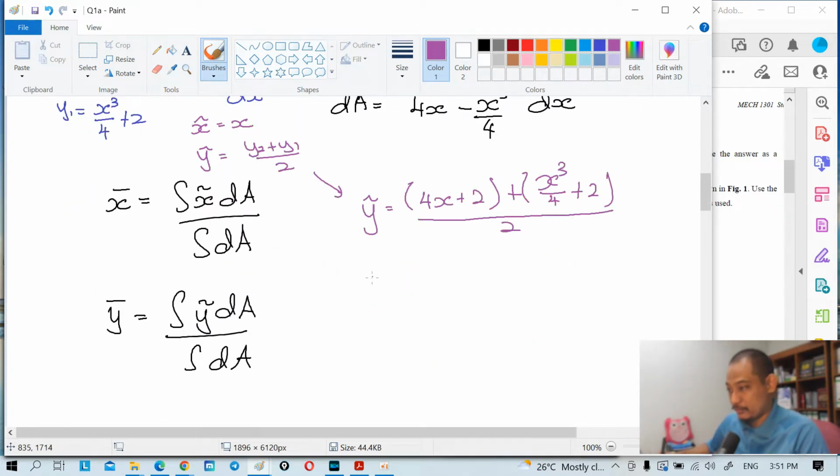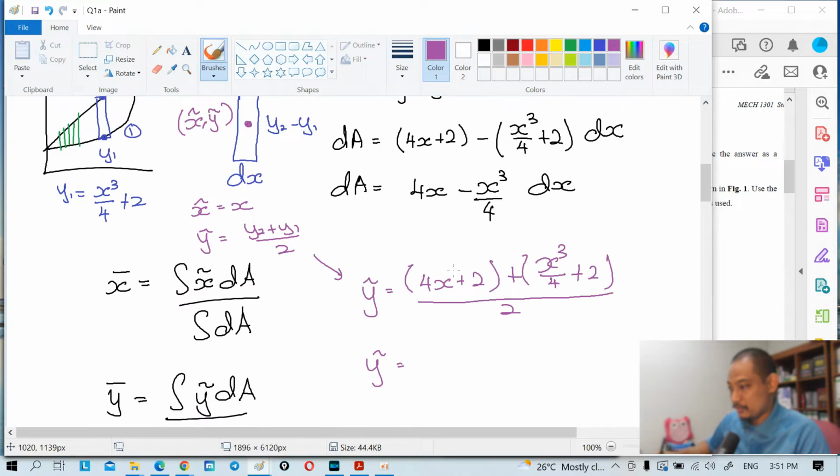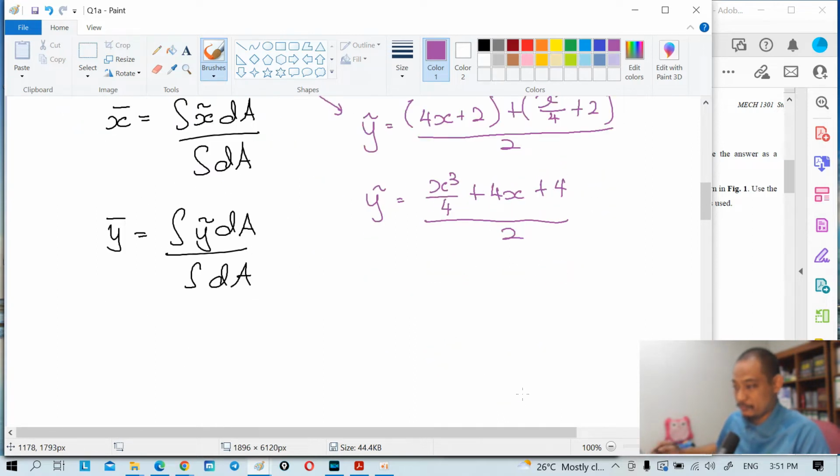So what you have here is x cubed over 4 plus 4x plus 4, divided by 2. If we simplify further, y tilde is x cubed over 8 plus 2x plus 2.